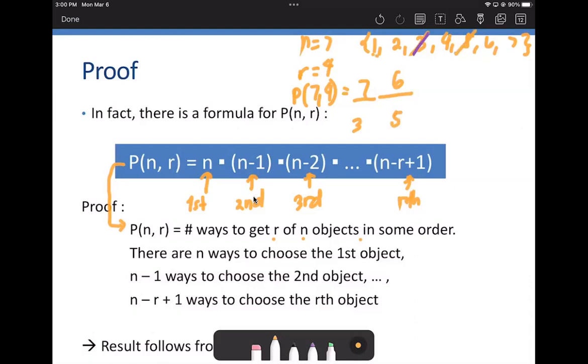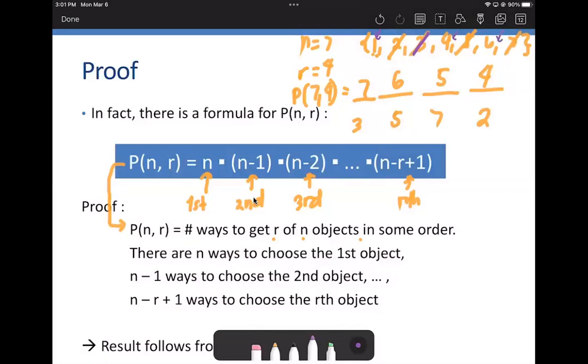And now, how many ways can we select the third number? There will be 5, right? So assuming we selected 7, this will be canceled out. And how many ways can we select the fourth number? There will be 4, right? So assuming that we select the number 2, we are going to have 1, 4, as well as 6 left.